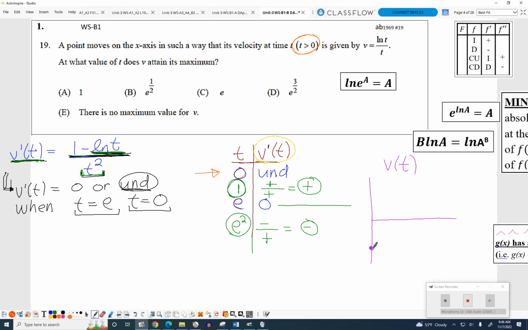v's got to start somewhere. Don't get mixed up. This is v prime. This is v. So v starts at some value, but I now know what v does. What does v do? Go up, go down, stay flat. Jason? It increases, right? Yep, it says right here, v prime is positive. So v prime is positive, v's got to go up. Jason, tell me when v stops going up.